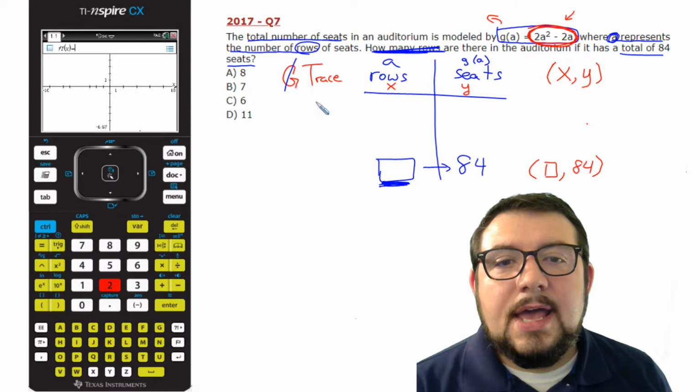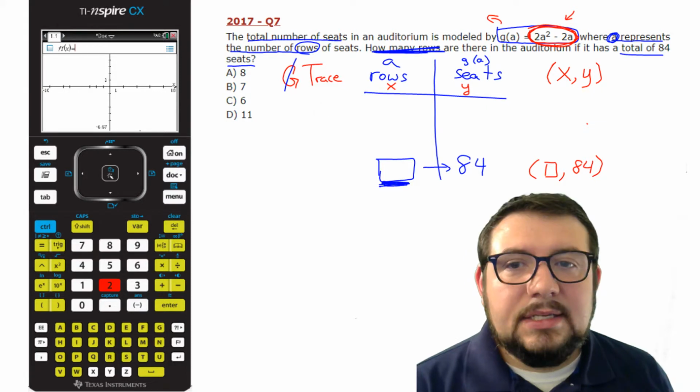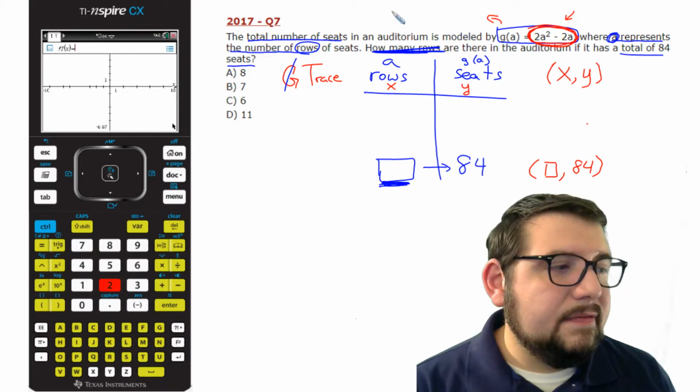It's impossible. So what I see is, remember, before we talked about this, that this is this little G of A, and I'll write it here so you can see it a little bit larger. G of A is called function notation. It's a letter, parentheses, and another letter.